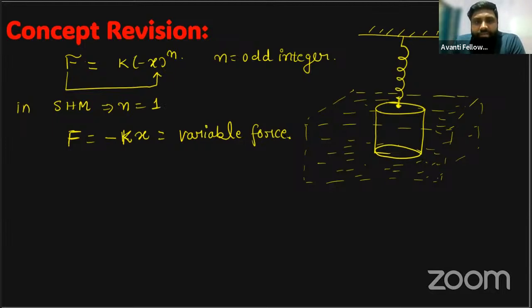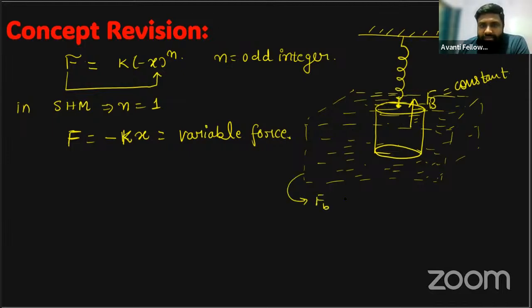Got it? So that is why when we immerse this complete setup, not complete, only this cylinder inside the liquid, then what will happen? The buoyant force now, FB, will become a constant force. Why?